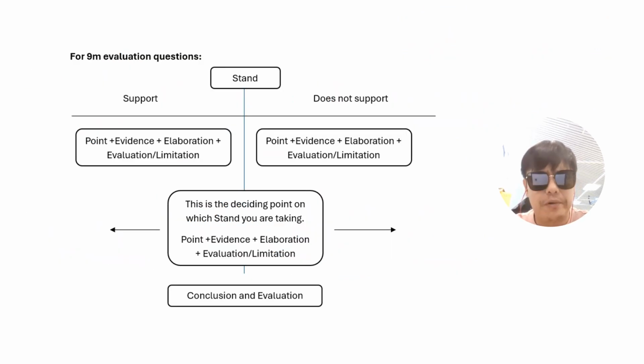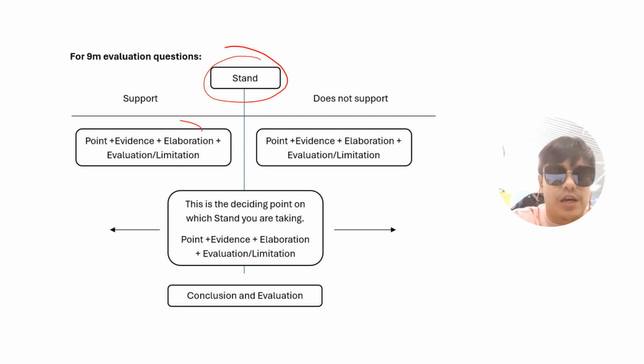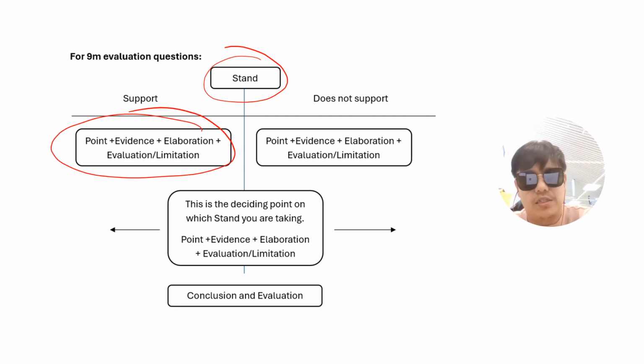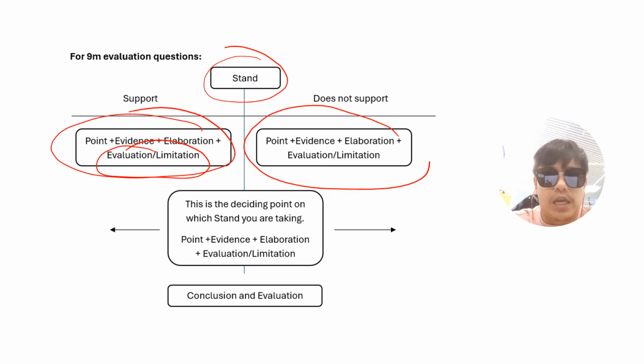So I will not dwell here. Okay, I've said over and over again, this is how you should do your essay. You should have a stand. You should have your point, evidence, elaboration, and evaluation or limitation for one point. Some students may ask me, can I just do 2 and not do the third one?